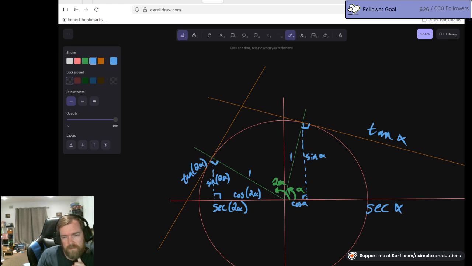If it isn't, this is really close to being a kite. I think it should be. Not that that matters necessarily, but you know.